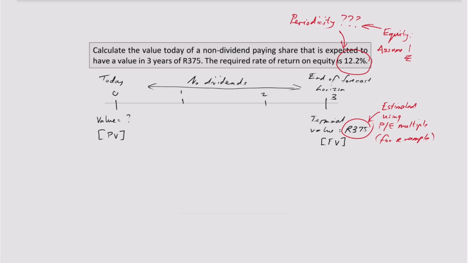So if you are given no information other than a percentage rate for an equity return, you are absolutely entitled to assume that it is an annual rate compounded annually. Therefore, turning to the timeline, we understand that this is the simplest case where the notches are the same as years. So today's value for the share is its terminal value of 375 Rand divided by 1 plus 0.122 raised to an exponent of 3, which equals 265 Rand and 49 cents.